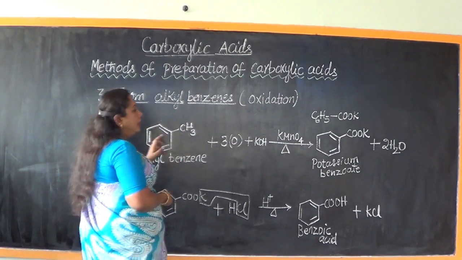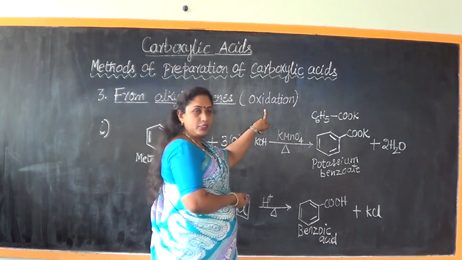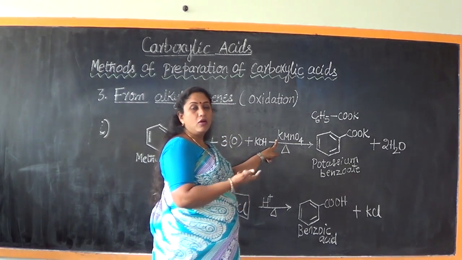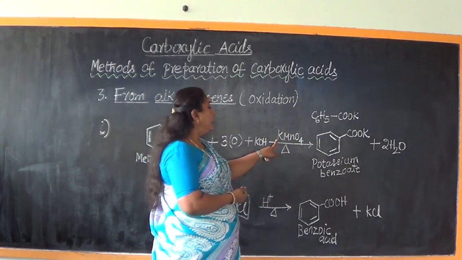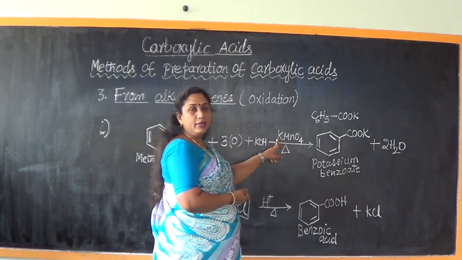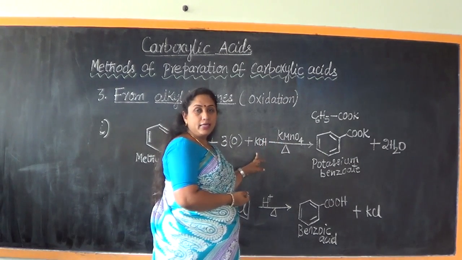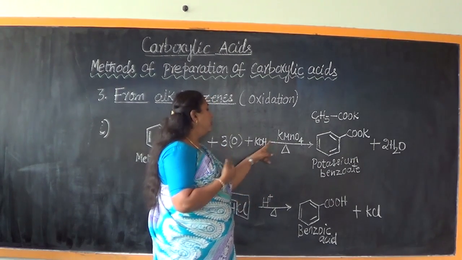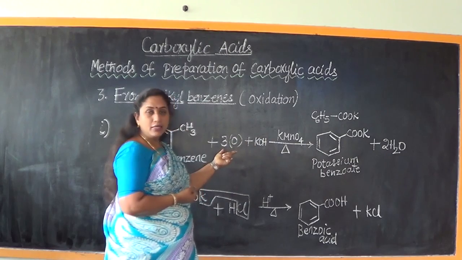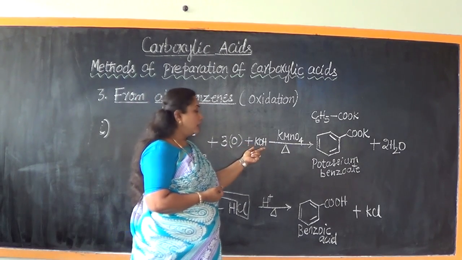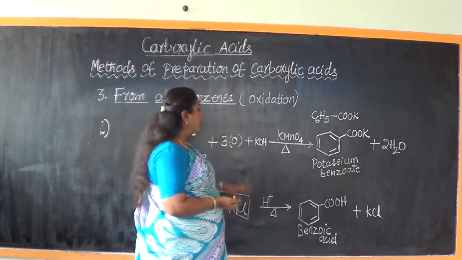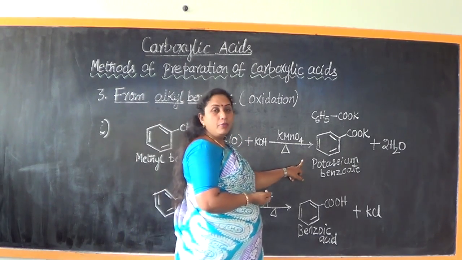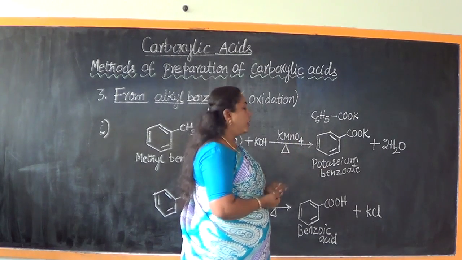Methyl benzene is subjected to oxidation by taking the common oxidizing agent, namely alkaline potassium permanganate. The alkali used in this case is potassium hydroxide, of course aqueous. Upon heating, what happens? They both will release nascent oxygen, and this is all as it is present in the solution. So they all undergo reaction, resulting in the formation of potassium benzoate along with water.